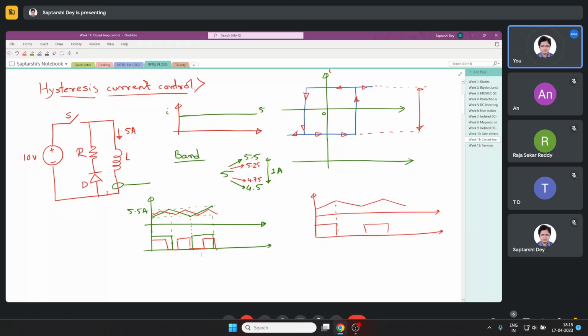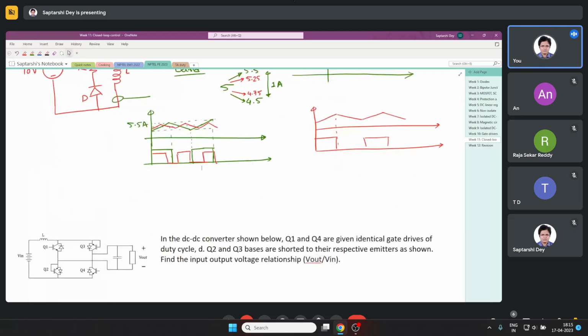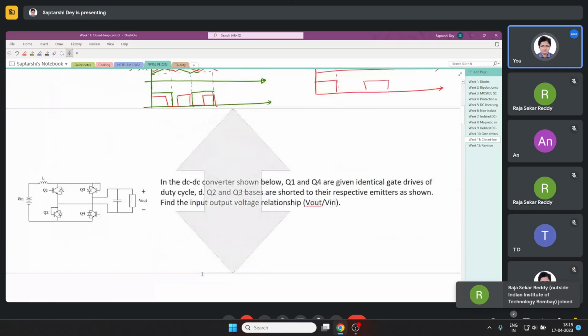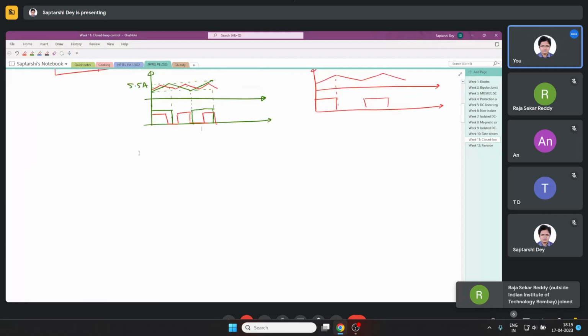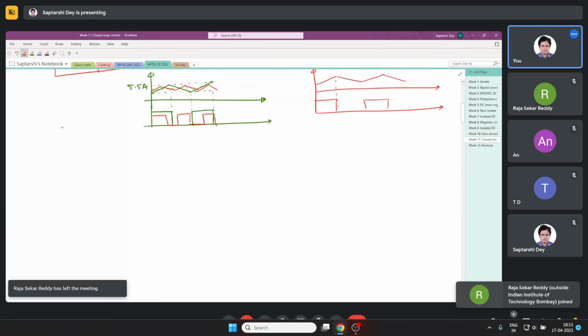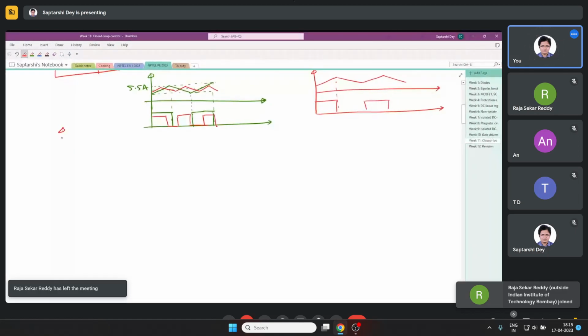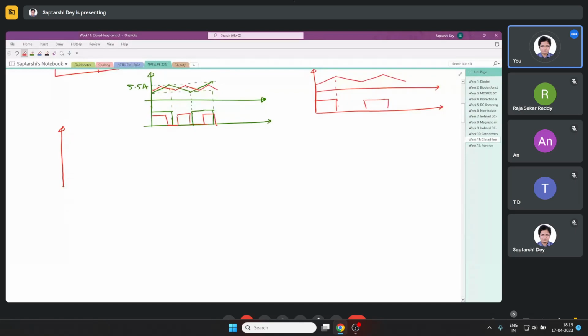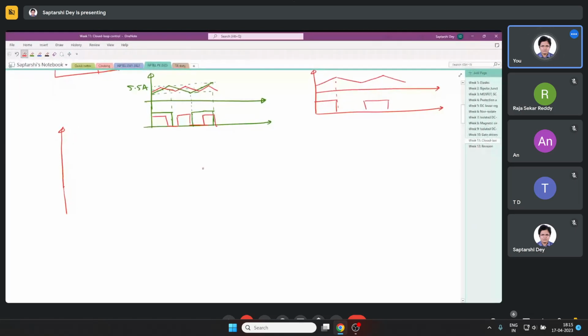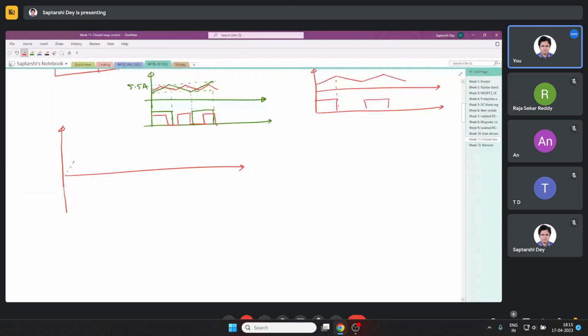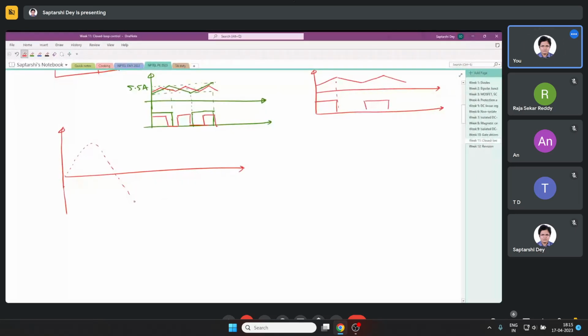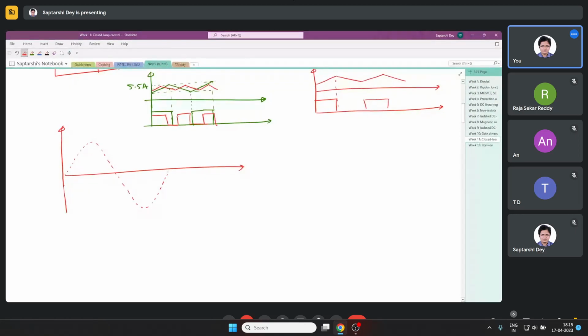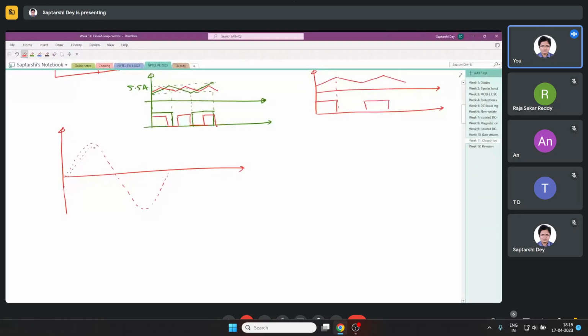Now it is also possible to go for hysteresis current control if you want a sinusoidal current, say a current like this. What you do is you give a band across the current.